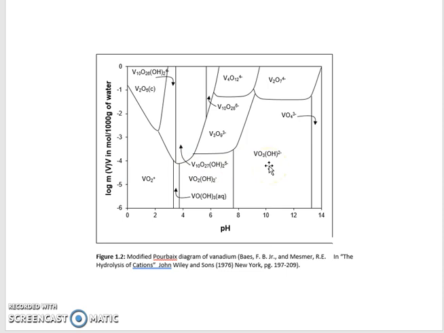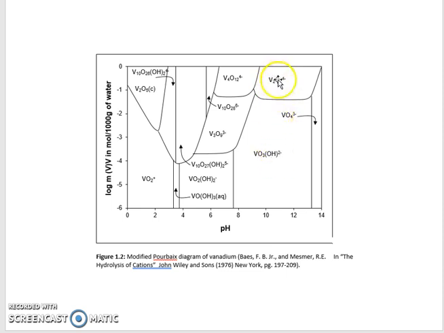Now, for example, you can also change the concentration. If you increase the concentration from log -5 to, say, log -1, while sitting at pH 10, your speciation will change from VO3OH2- to V2O7 4-.